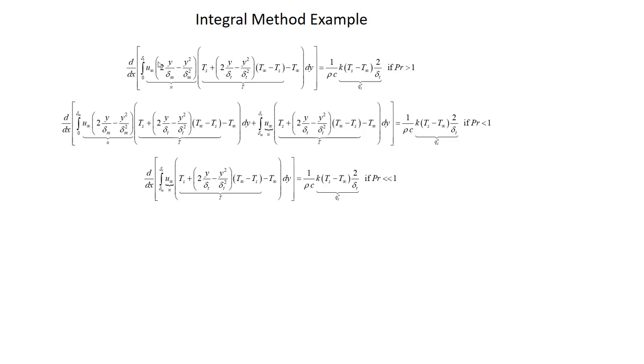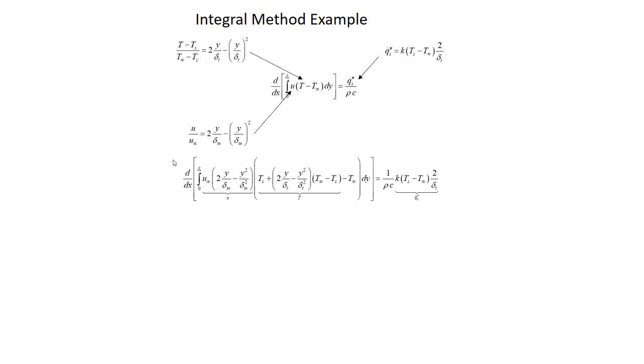Right, so let's see. When I do this integral right here, let's go back and look at this. When I made this substitution right here, I actually implicitly made an assumption. And it's easy to forget this, but I'm integrating here from 0 to delta sub t of U and then of the temperature, right?